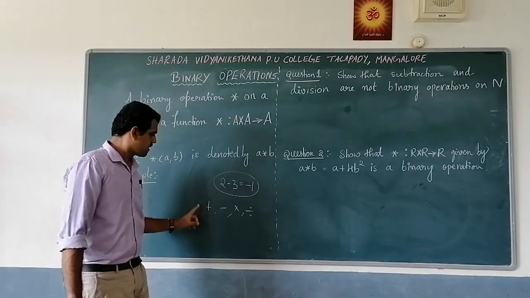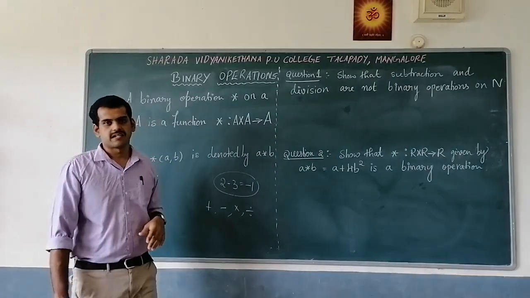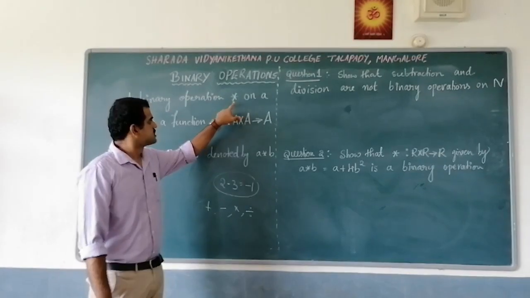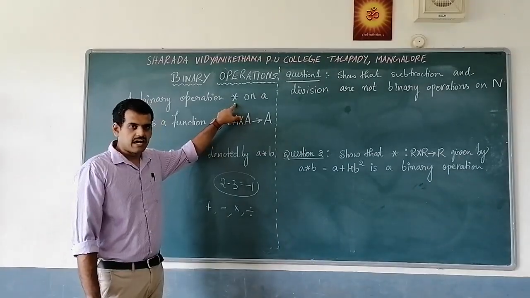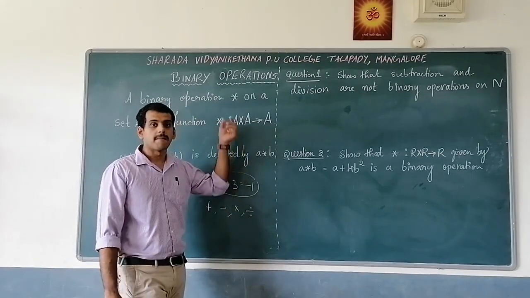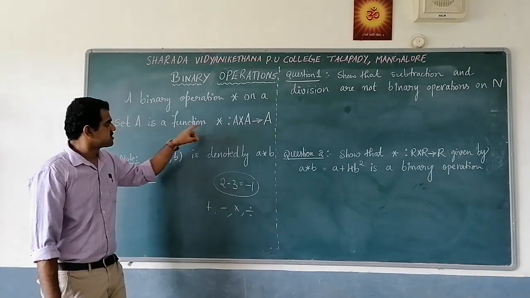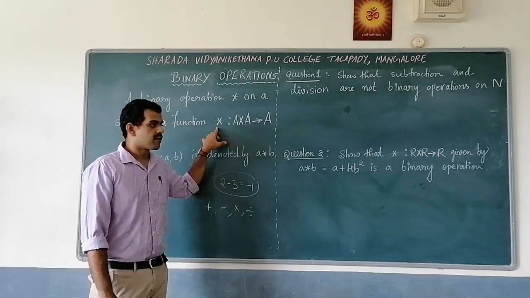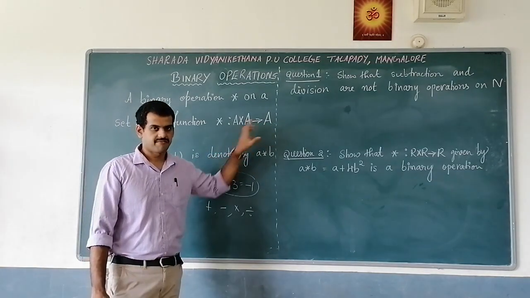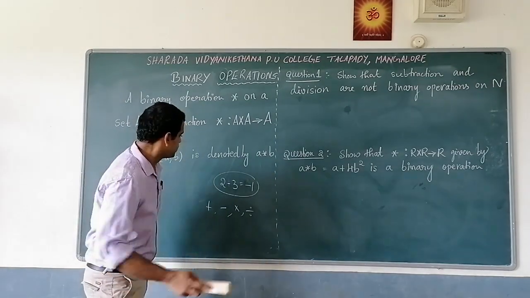That star can be plus, it can be minus, it can be into, anything we can consider under the system. You take an operation, denote it by star, and it is called a binary operation if that star is a function from the set A cross A to A itself. As an example I will illustrate here, you just see.